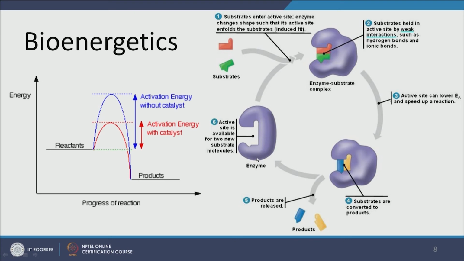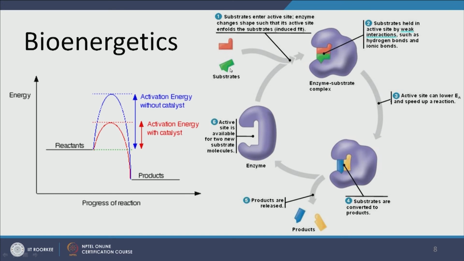And as a result, very little amount of enzymes or catalysts are required in life for these reactions to happen. And most of these enzymes, by the way, in microbes and in higher order of life are proteins, most of them.